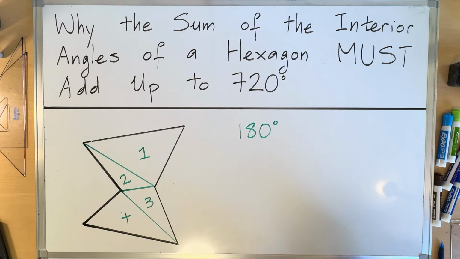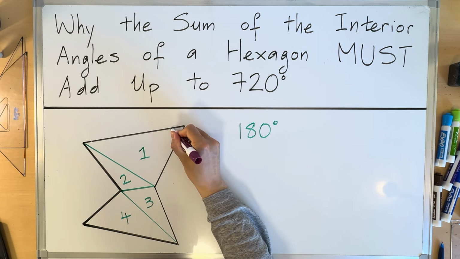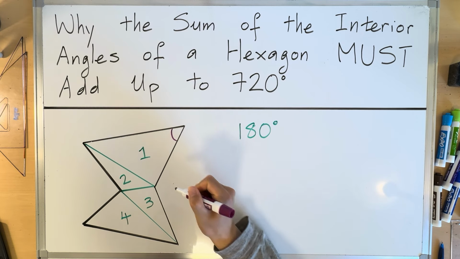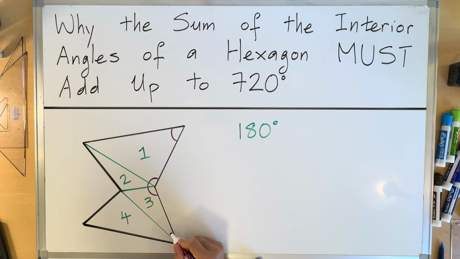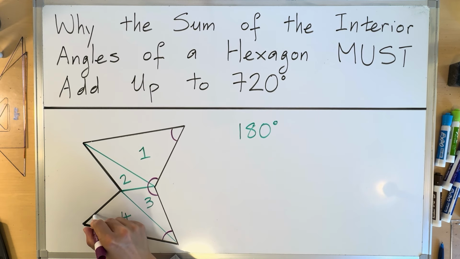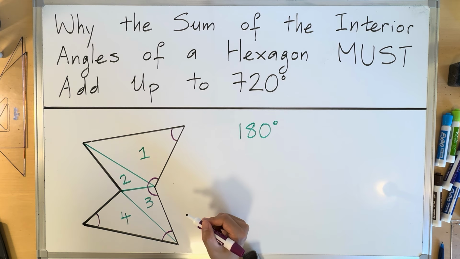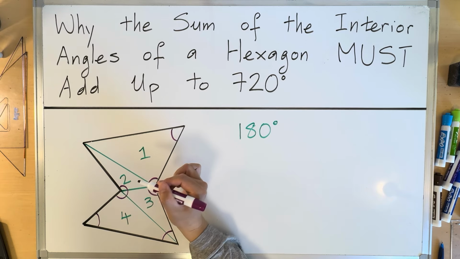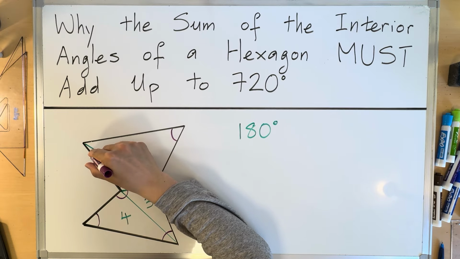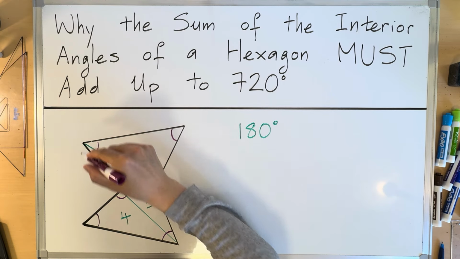So we have one angle right here, a second angle right here, a third angle right here, a 4th angle right here, a 5th angle right here, and lastly, a 6th angle right here.